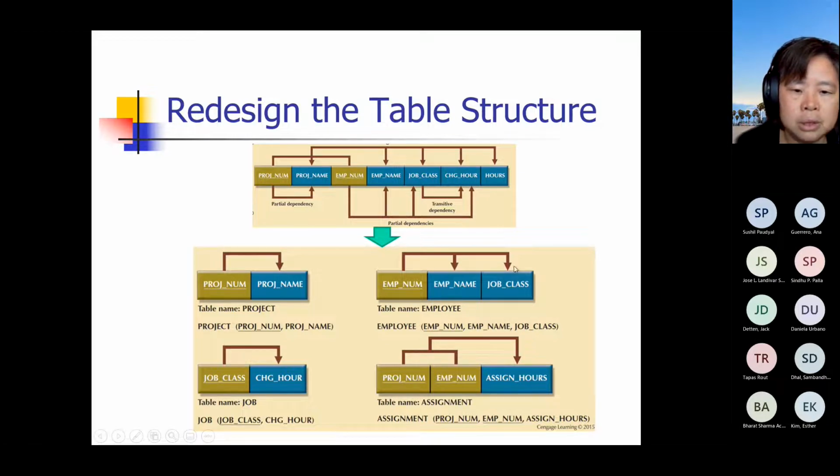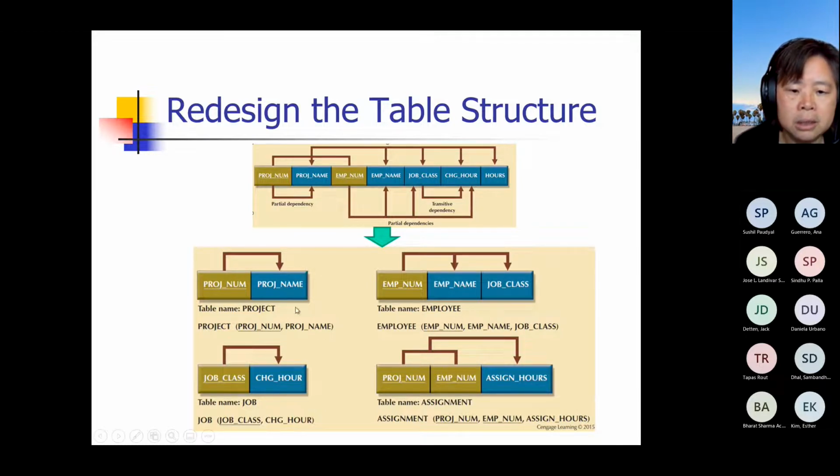Why do we need those repeated information? What do you think? Can we just store project number in one single table? Say, for example, if we get rid of project number from this table, then what will happen?